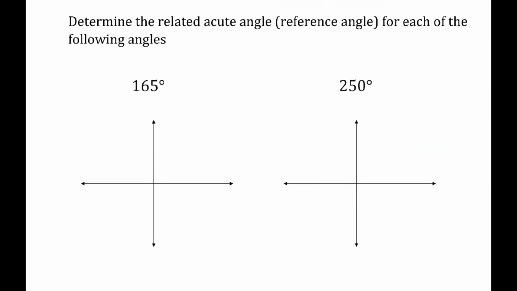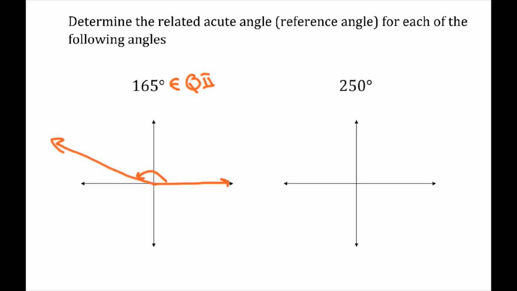Now in this question, determine the related acute angle or the reference angle for each of the following angles. We'll start with 165. For 165, it's an angle in quadrant 2, so it's less than 180. Let's draw an angle in quadrant 2.